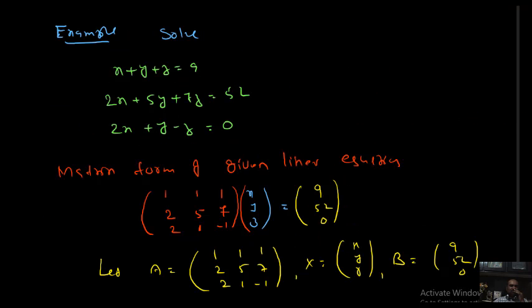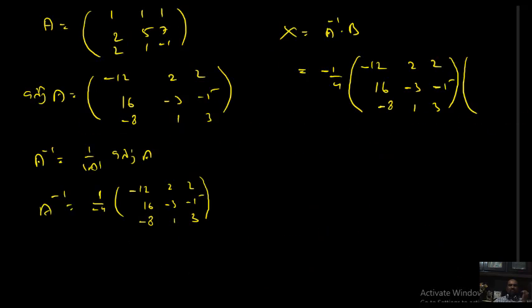Where is B? 9 52 0. That's why other methods are invented. By using determinant methods also you can find. Okay, so minus 1 by 4 into, students listen, this is a 3 by 3 matrix, this is a 3 by 1 matrix, so here one element, here one element, here one element only we will get.